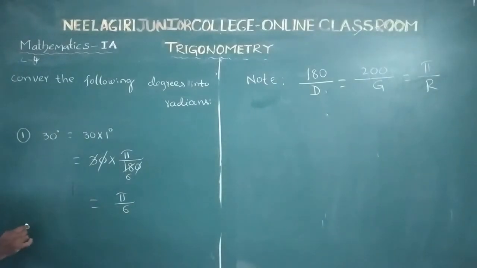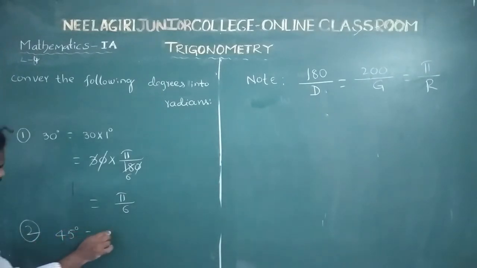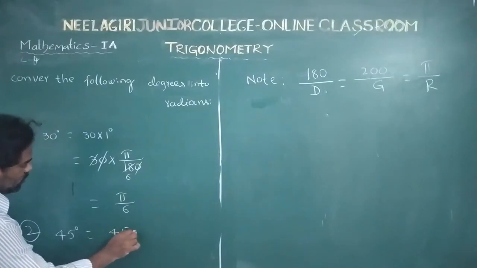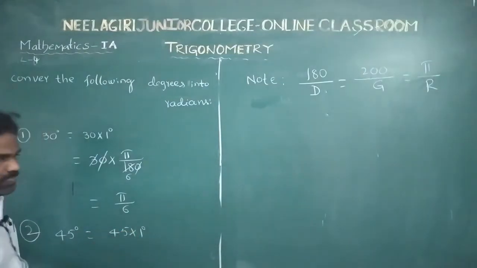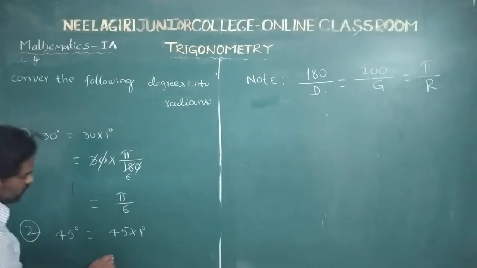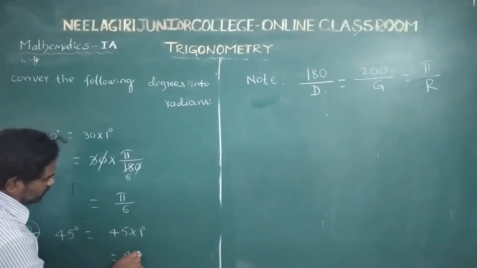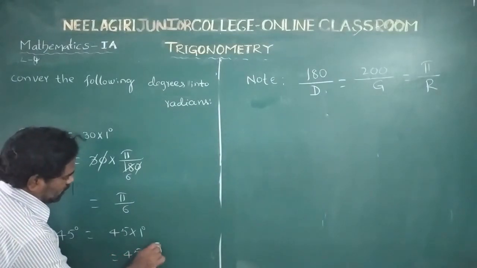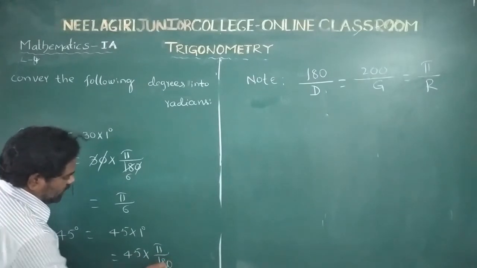That is pi by 6. One more question, 45 degrees. 45 into 1 degree equals 45 into pi by 180 radians.